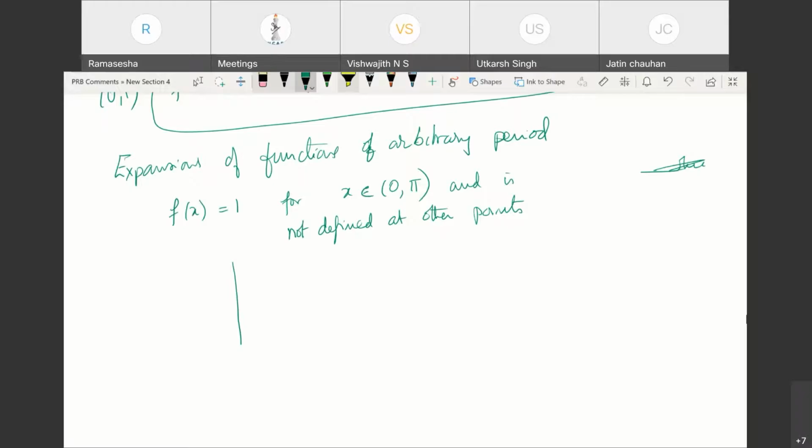I want to find its Fourier series. So what can I do? I can extend it periodically for the entire space. Okay.